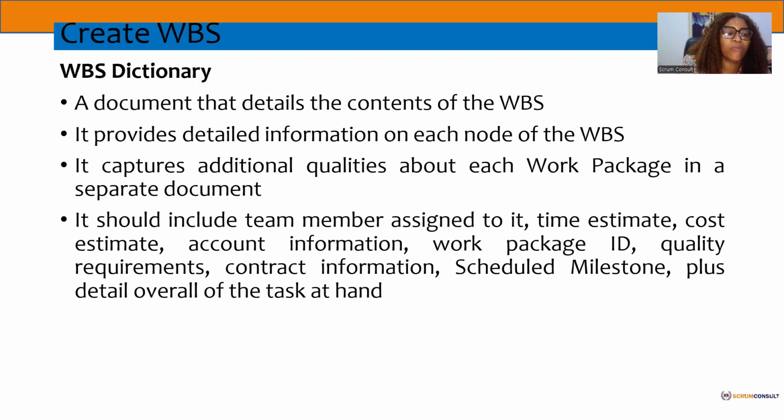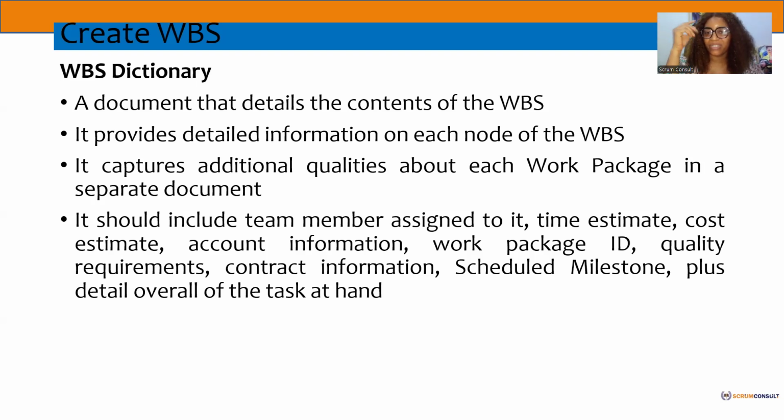Now, components of a work breakdown structure. You have components of a baseline. Remember, we talked about the scope baseline. The scope baseline has three components. One is the work breakdown structure. The second one is the WBS dictionary, which basically describes what is to be done.